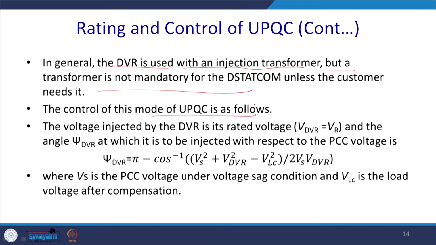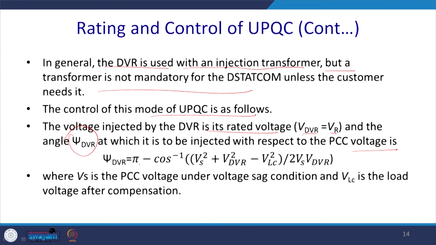The voltage injected by the DVR is the rated voltage, that is V_DVR equal to its rating, and this angle psi_DVR is the angle at which it is to be injected with respect to the PCC voltage.